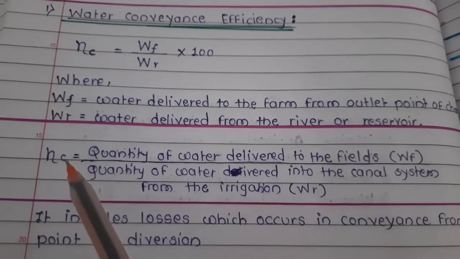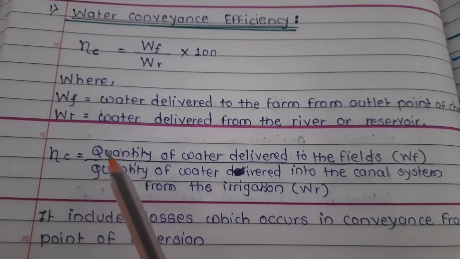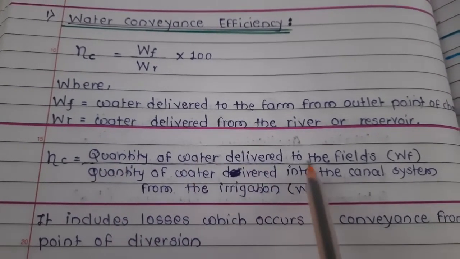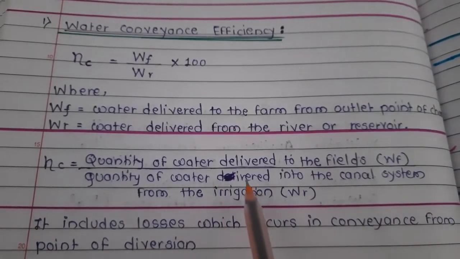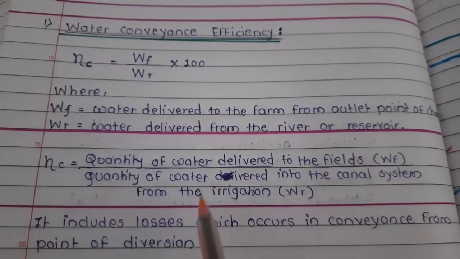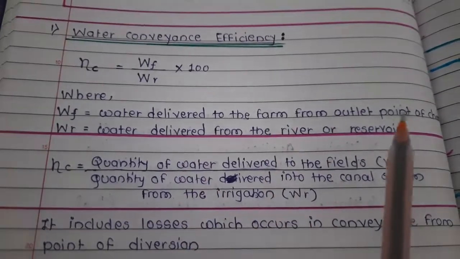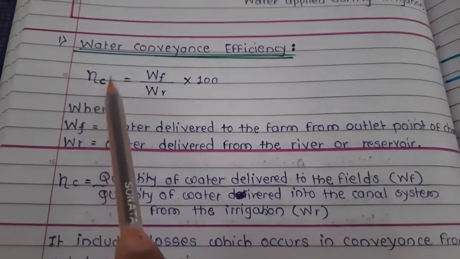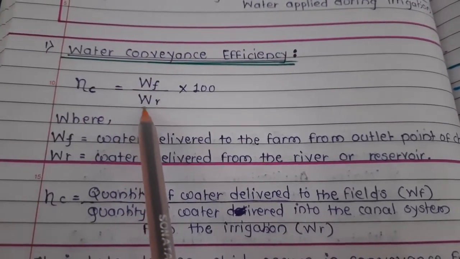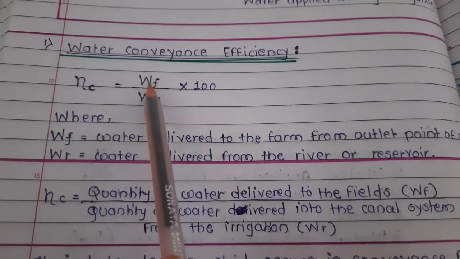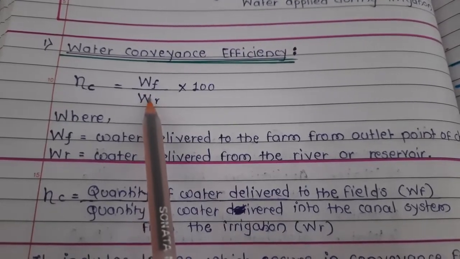In other words, eta C is equal to quantity of water delivered to the field, WF, upon quantity of water diverted into the canal system from the irrigation source, WR. Is that clear? Water conveyance efficiency, eta C, is equal to WF upon WR: water delivered to the farm upon water delivered from the river.